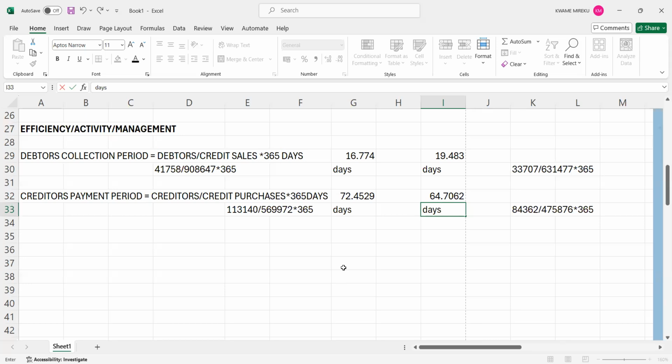So they used almost 65 days in paying their creditors in 2022. By 2023, the number of days of payment to creditors has increased to 72 days. That means they are able to keep the creditors' money to finance their business much longer than they used to. On a fair view, it's good because you're able to delay payments, use the money and get more returns before you pay.